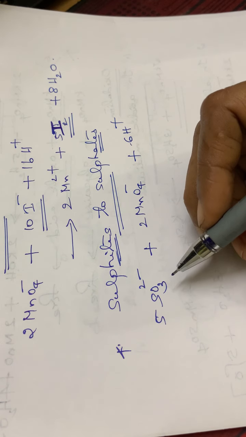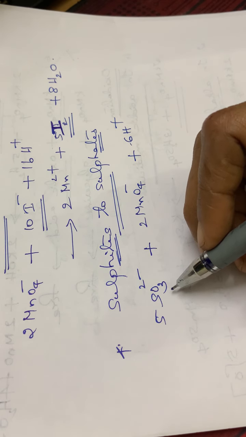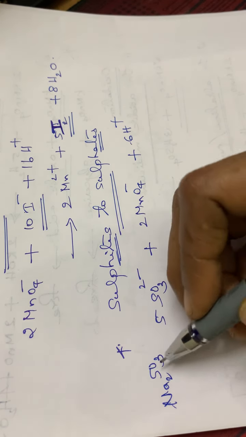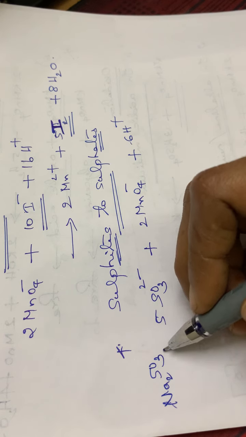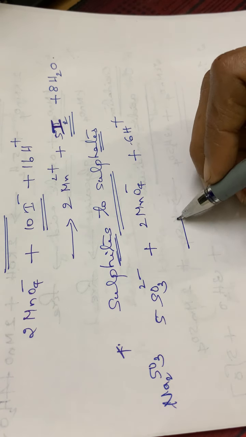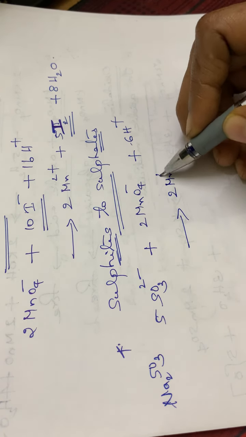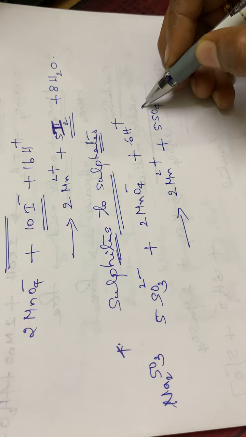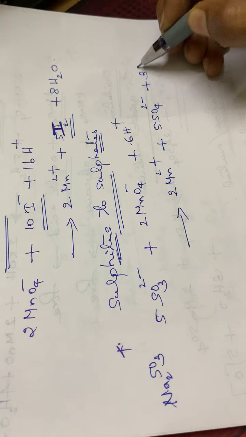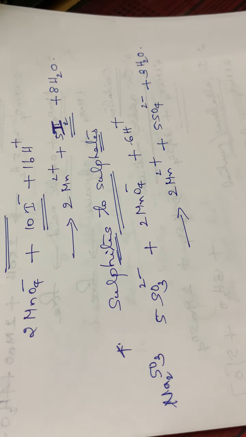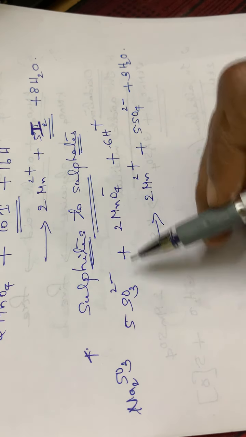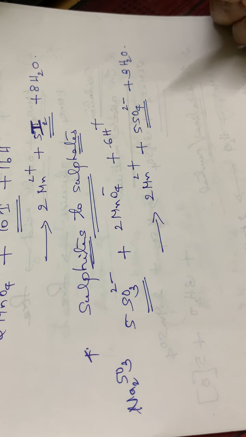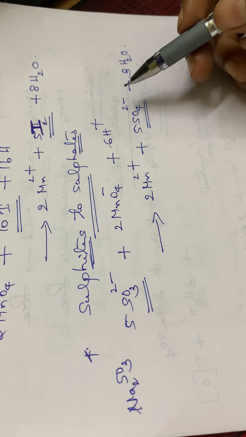This is sulfite ion, Na2SO3, that is sulfite. So here in the ionic form it becomes SO3 2 minus, giving 2Mn2 plus, 5SO4 2 minus plus 3H2O. Okay, this is the reaction. SO3 2 minus, that is sulfite ion, is oxidized to sulfate ion, SO4 2 minus.